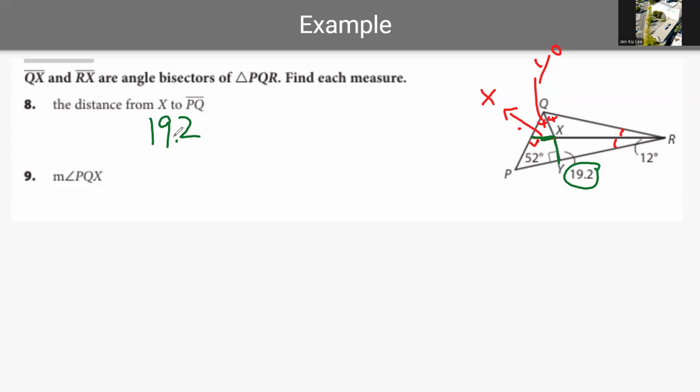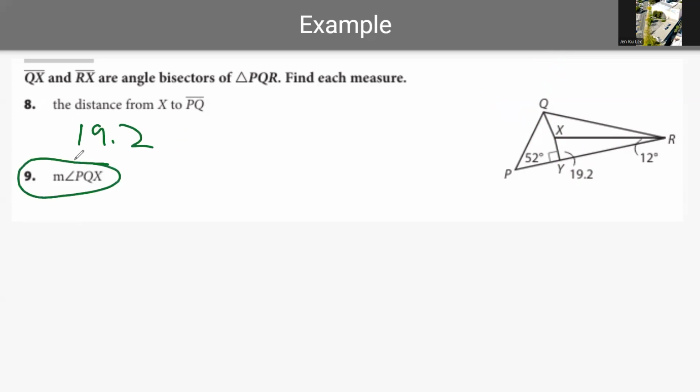Now let me erase all of this and focus on this. They're all angle bisectors, so if this is 12 degrees, this is also 12 degrees. So this whole angle here is 24 degrees.